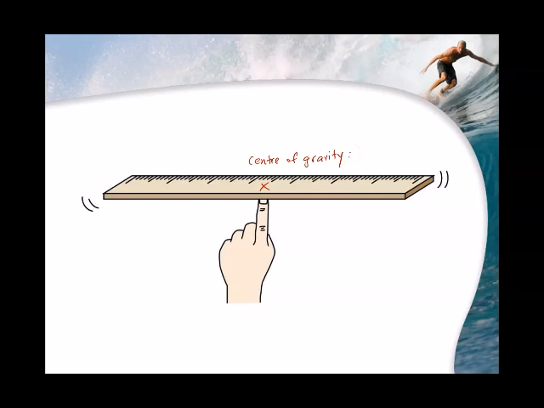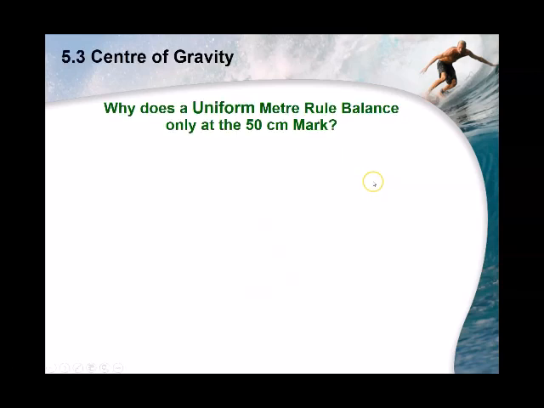It means that this is the point where the entire weight of the ruler appears to act. It is as though the weight of the ruler is acting downwards at this point. So if you place your finger at that point, since the weight is exactly at the pivot, there is no turning effect due to the weight of the ruler. Right, so we've covered this.